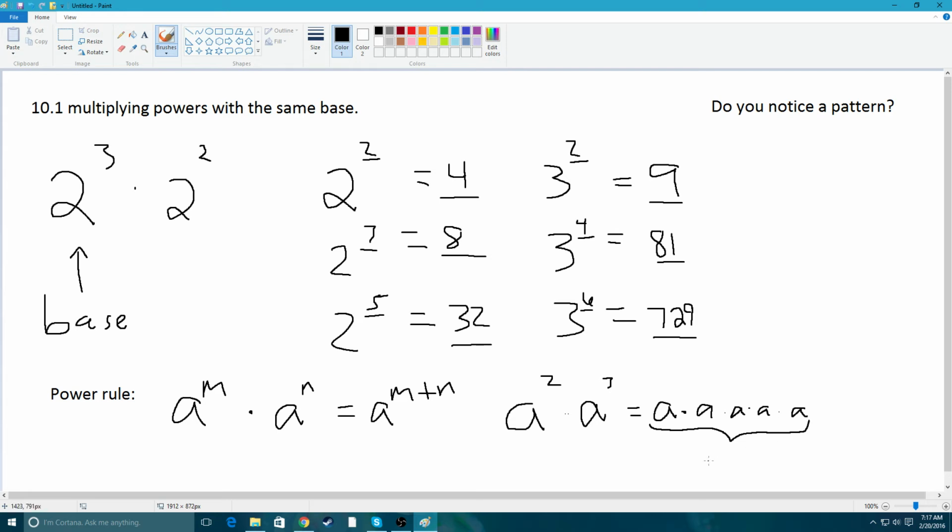All of those a's combined give you 5 a's, or a to the fifth. So that's how the power rule works. Feel free to stop it if you need to. Otherwise, I'm going to go on to the next page.